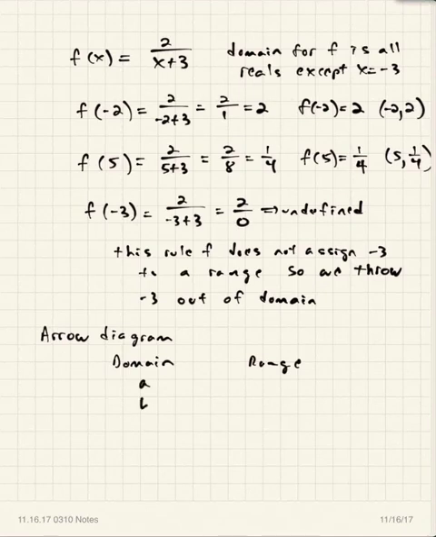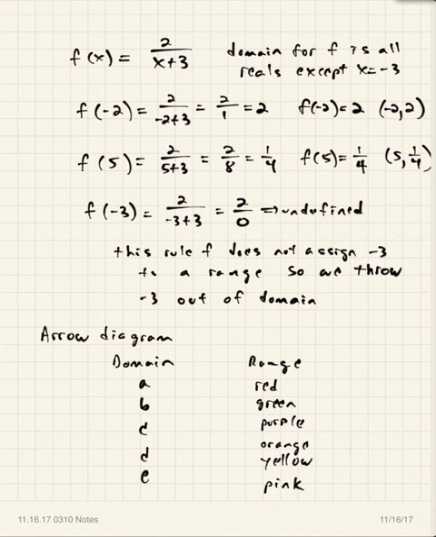So maybe this is our domain, A, B, C, D, and E, just the small letters from A through E. And our range, let's say, are colors: red, green, purple, orange, yellow, pink.